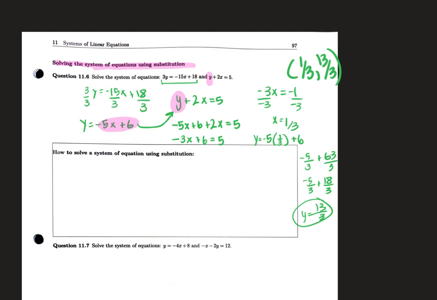Okay, so that means that when we're solving a system of equations by using the substitution method, we simply just need to solve one of the equations for one of the variables, plug that in, and solve. So let's look here, go through the steps.